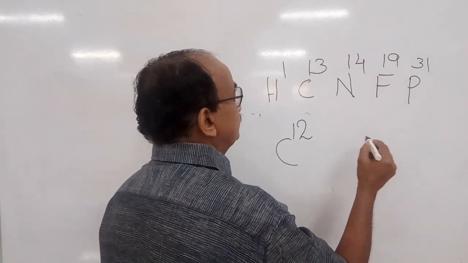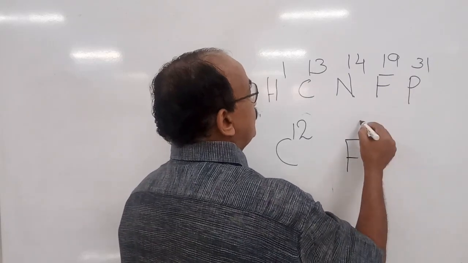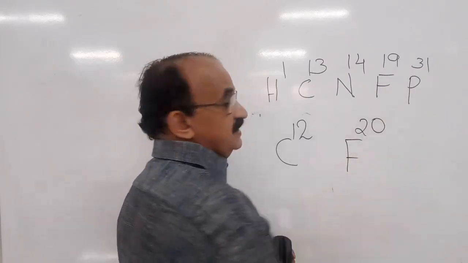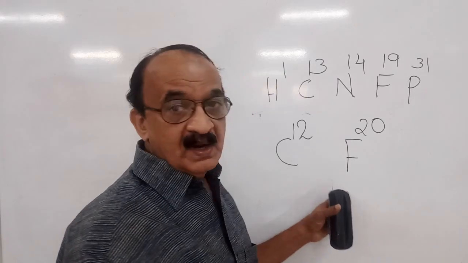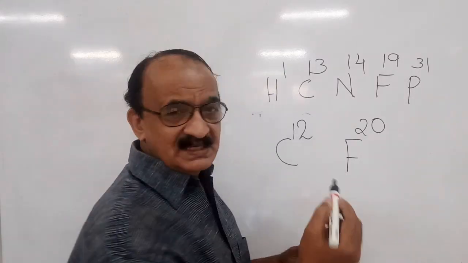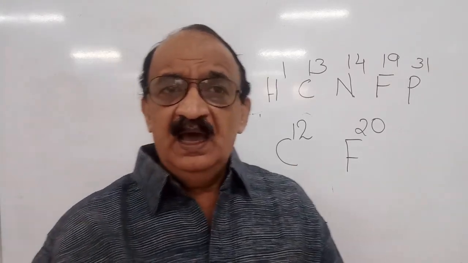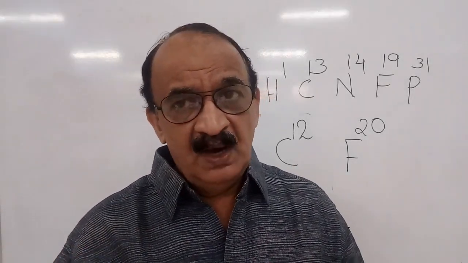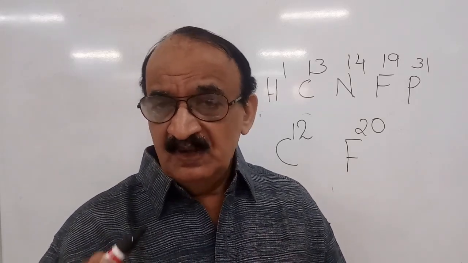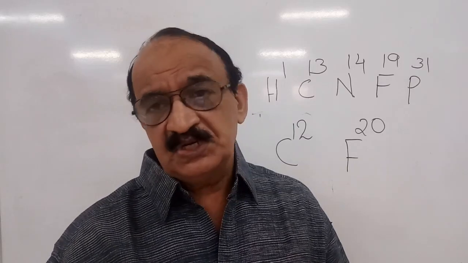And the next one is fluorine-20. It is an NMR inactive isotope. So there are a number of examples of NMR inactive nuclei. The majority of nuclei are NMR inactive, and only very few isotopes become NMR active.